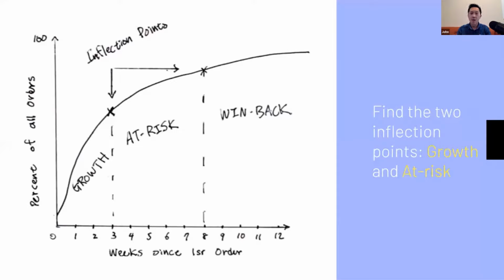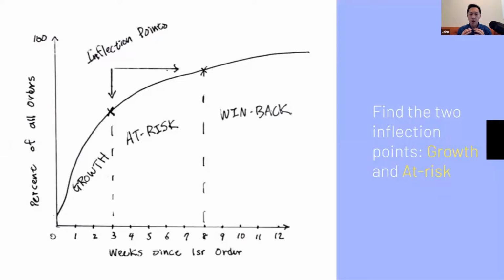It's actually time to start ramping up your urgency around this period, with more offers before they actually churn. And then if they lapse the second inflection point, they most likely have churned and may never come back. There's very little repeat purchases that we see in this period.